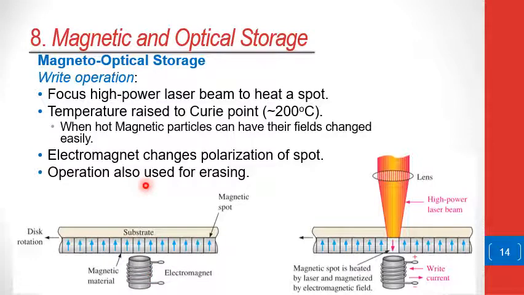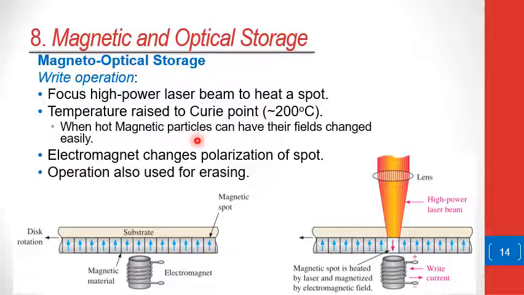So if you want to write something onto the disk, first of all there needs to be a high powered laser to focus the energy onto the disk, and that high powered laser will heat up the material to a high temperature of about 200 degrees Celsius, which is called the Curie point.